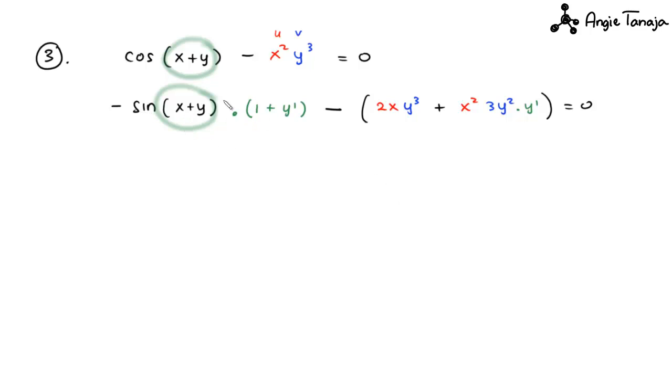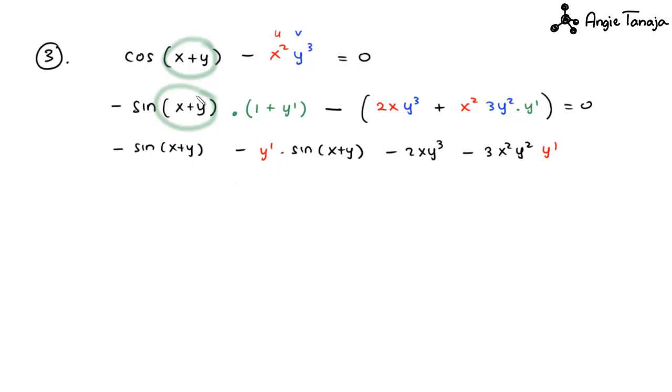Now let's try to expand this. We done with derivative, selesai toh? Tinggal di rearrange saja. Negative sine x plus y plus, sorry, negatif lagi, negative y prime times sine x plus y minus 2x y cube minus 3x square y prime.